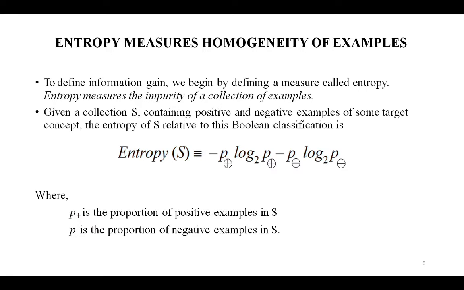Here p+ is the proportion of positive examples in S, whereas p- is the proportion of negative examples in S. In all calculations involving entropy, we define 0 log 0 to be 0.